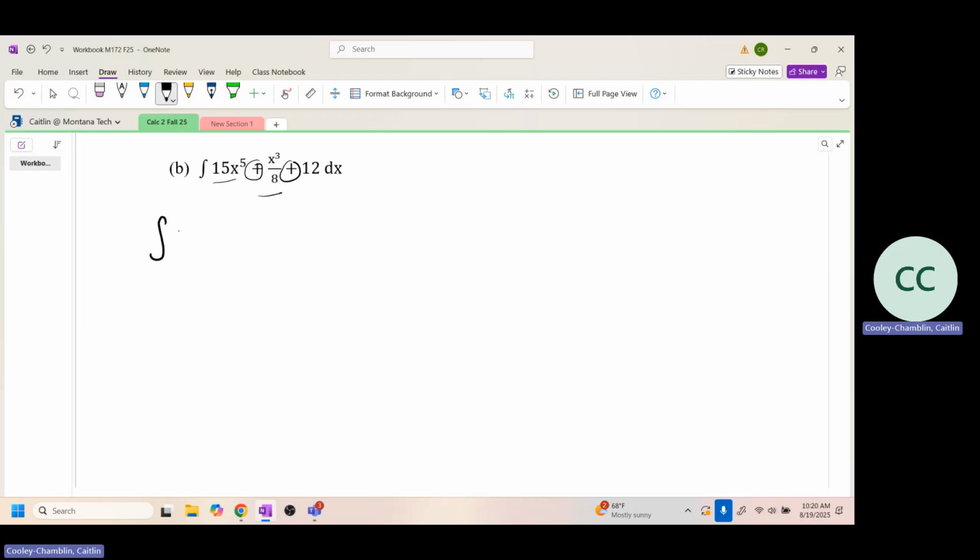The integral of 15x to the 5th dx plus the integral of x cubed over 8 dx plus the integral of 12 dx. Now, notice each one has an integral and a dx.